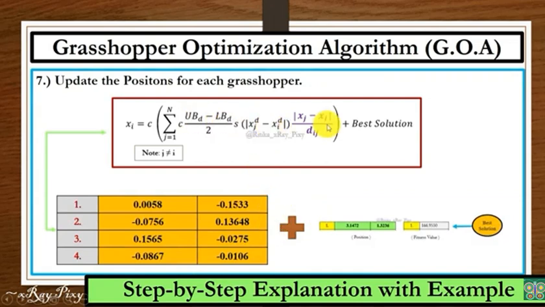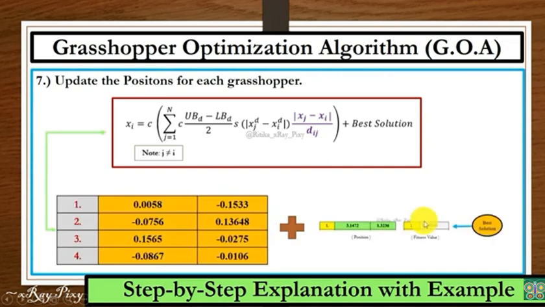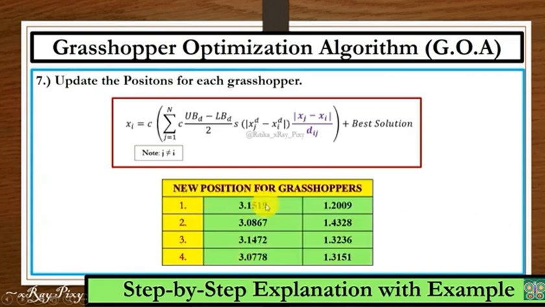Here, as we already computed the values for this plus the best solution, we got this one and we got this. So this is the new position for each grasshopper, as you can see. For each grasshopper one by one, we will compute the values, and this is the new position for each grasshopper in the current population.